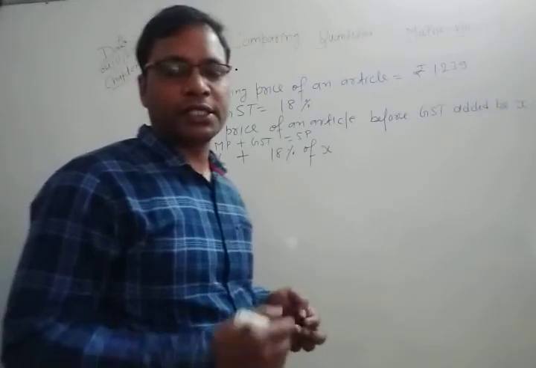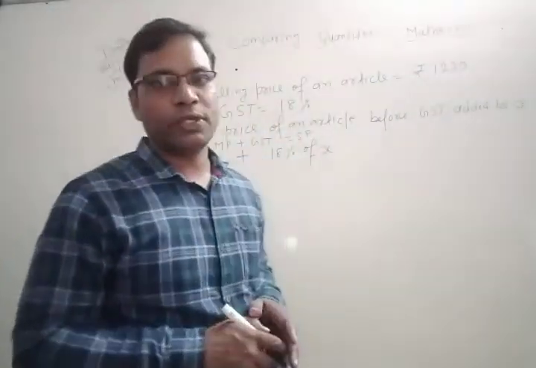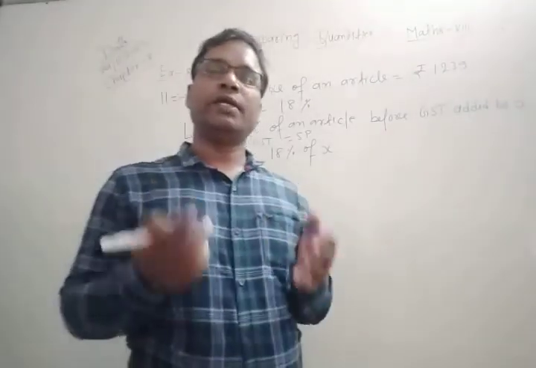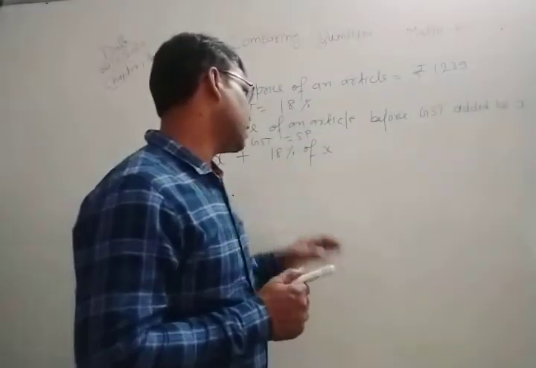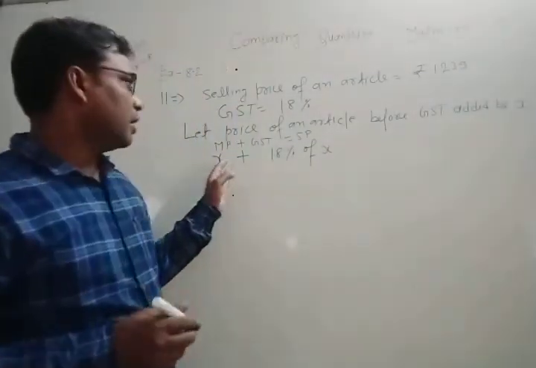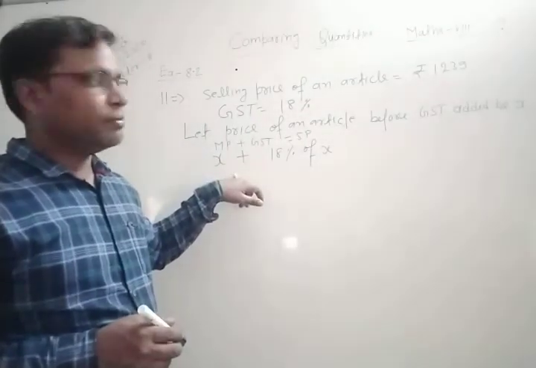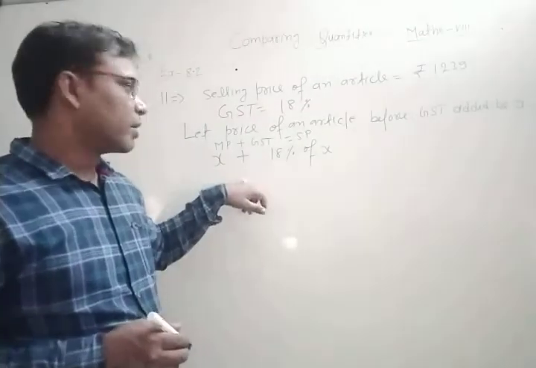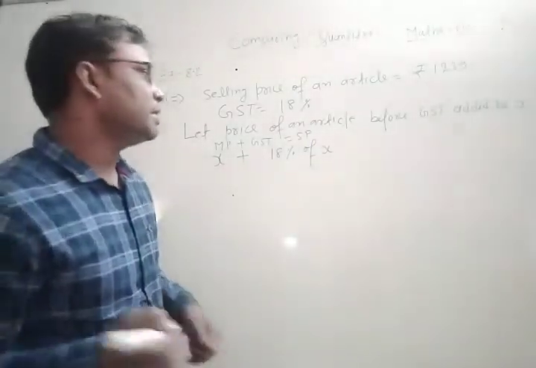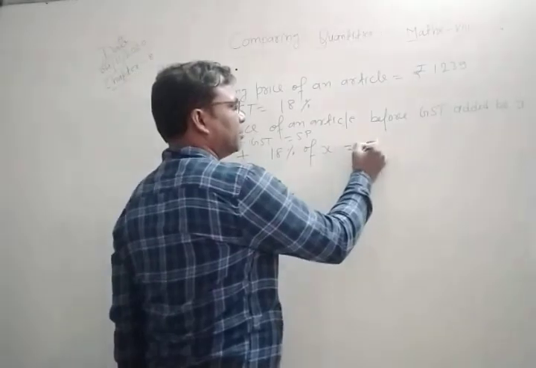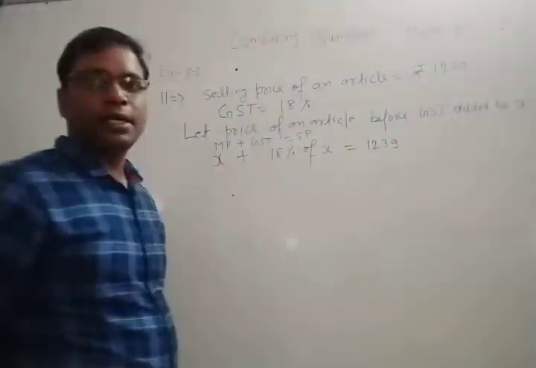We find GST, value added tax, sales tax, discount, everything on the market price. When we add them to the market price, then we obtain the selling price. So x is the price of an article before GST added. When we add GST, then we obtain the selling price, which is given here as 1239. Clear?